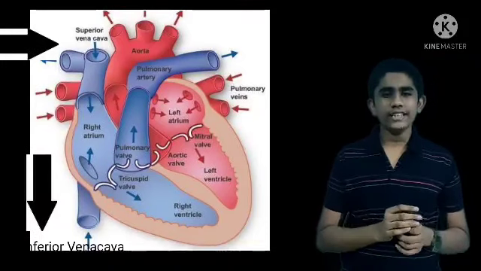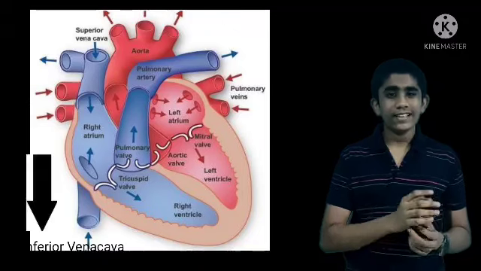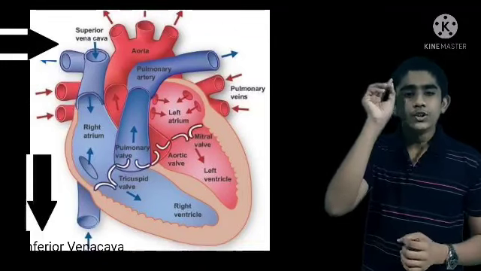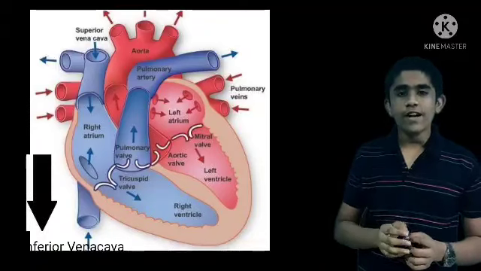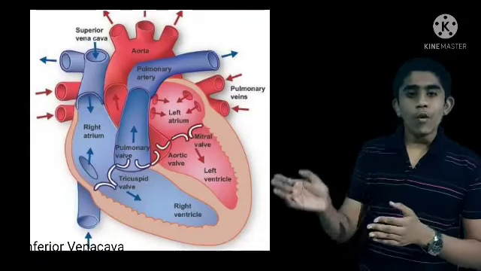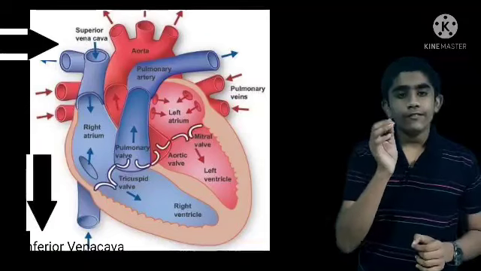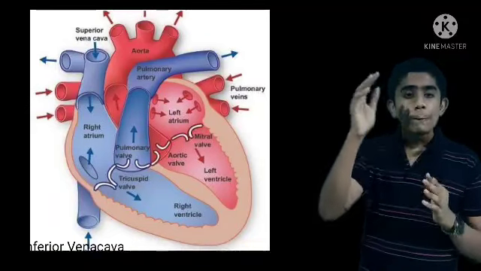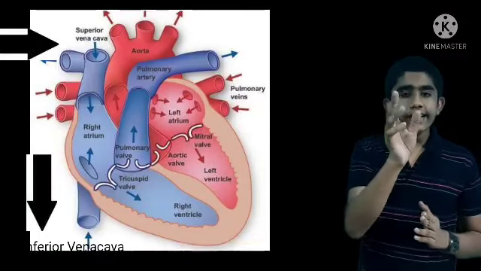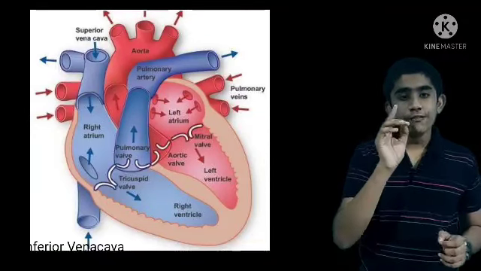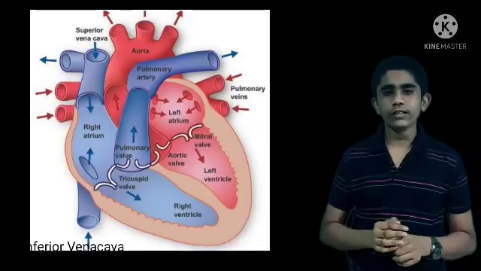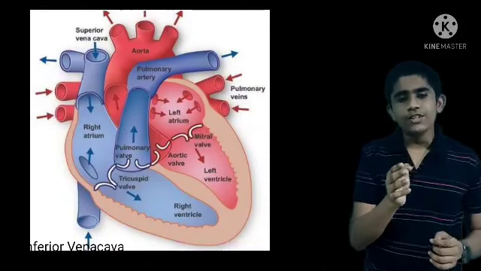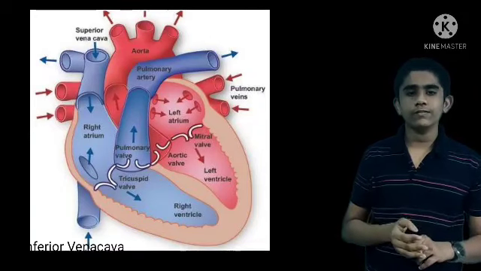Did you see anything special here? Yes, of course. Both the superior and inferior vena cavas carry blood from all parts of the body. Which blood? Deoxygenated blood to the right atrium, which is the first chamber. From the right atrium, the blood flows to the right ventricle.